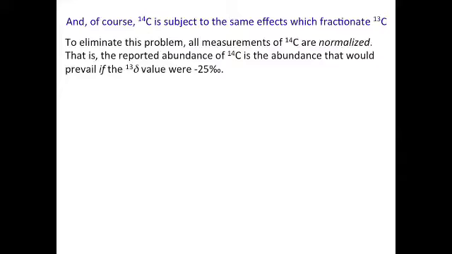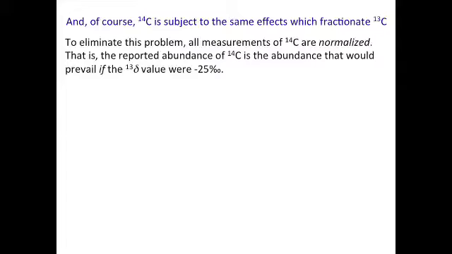To get away from that, the analysts right away report to you not the actual amount of carbon-14 that was in the sample, but instead how much carbon-14 there would be in it if the delta 13C value was minus 25.